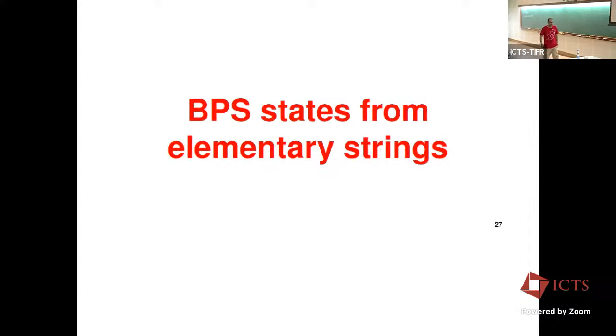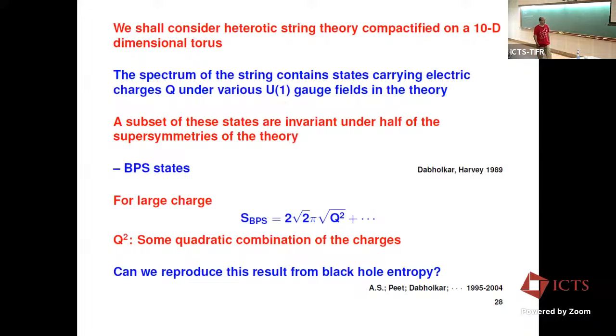Finally, let me turn to a slightly different topic. The same technique, but now we want to analyze a different system, and that's understanding BPS states from elementary strings. This subject in fact goes back many years. So we'll consider heterotic string theory compactified on a 10 minus d dimensional torus.